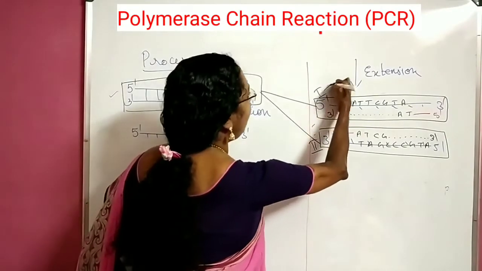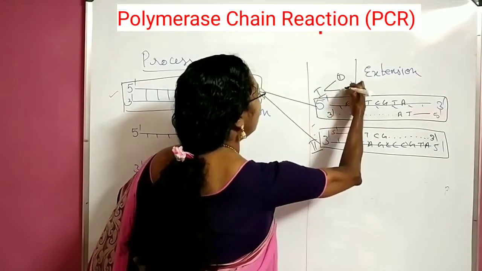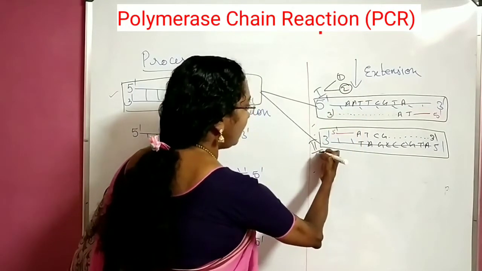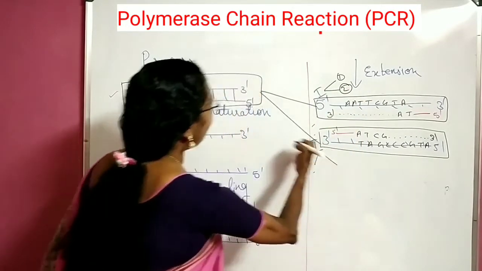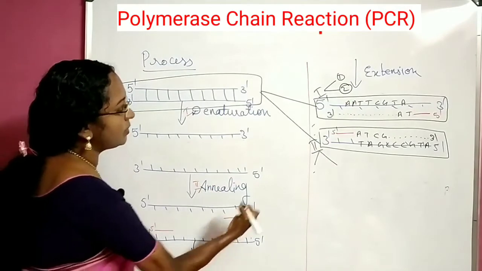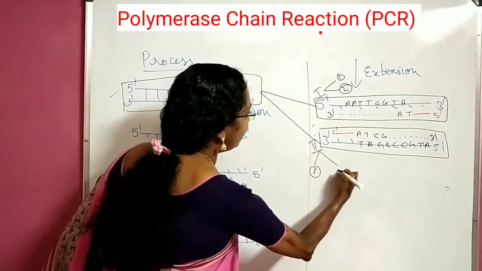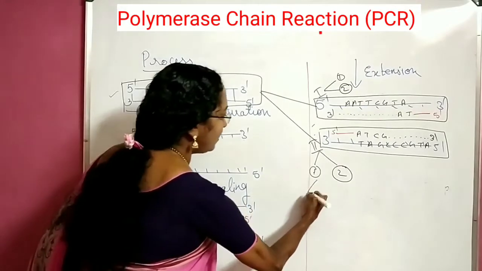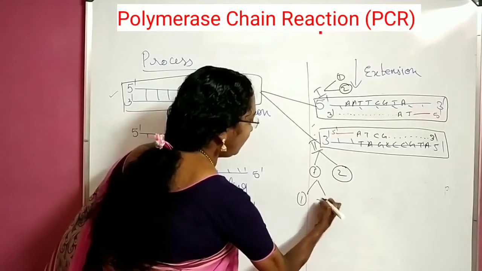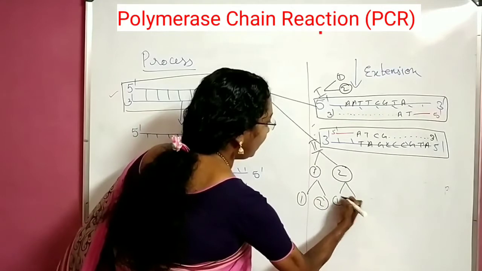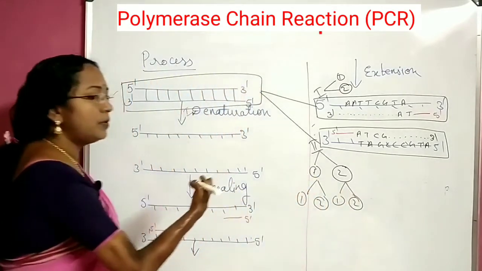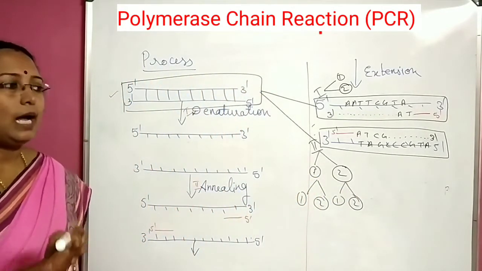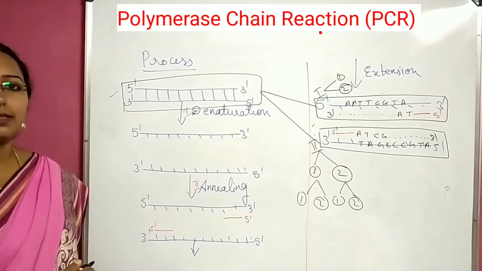So the first one will again produce 2 DNA strands. The other will also undergo denaturation, annealing and extension, and produce 2 DNA molecules. Likewise, the amplification process keeps on going as you set the number of cycles.